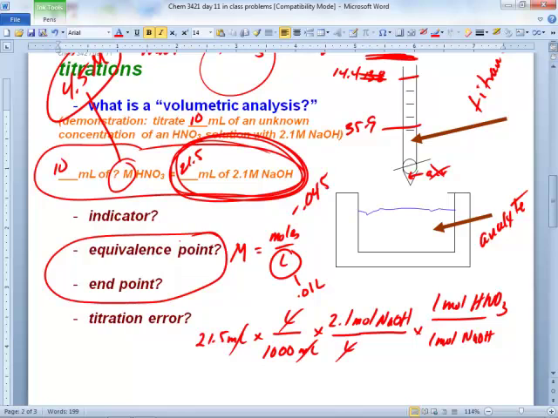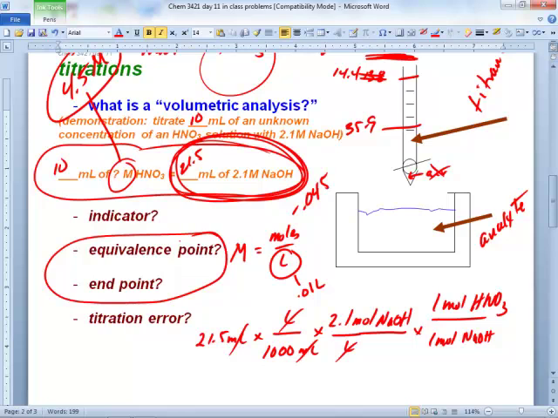You want to know how much, like we added, what was our number, 21.5. Well, not all of it went into HNO3. Some of it went into reacting with the hydrogen ions that are here, reacting with the indicator. How could you find out the amount? If you knew it was 1 mil, then we wouldn't use 21.5, we'd just use 20.5, right? How would you figure out that titration error, that 1 mil?